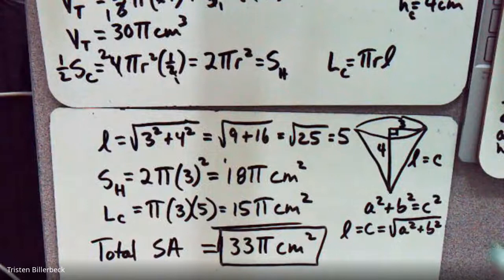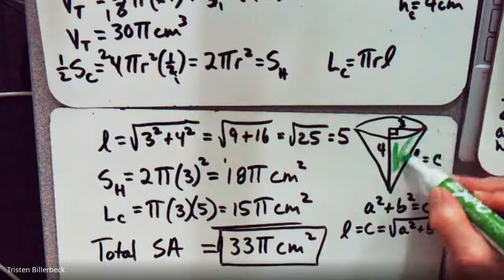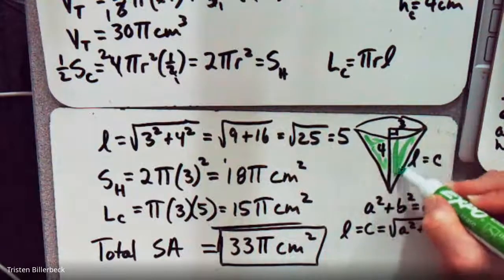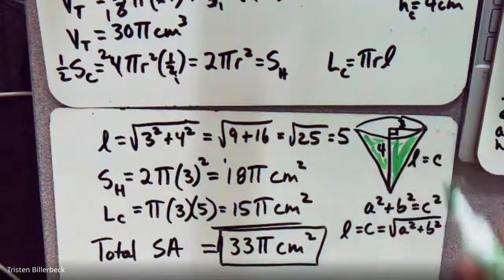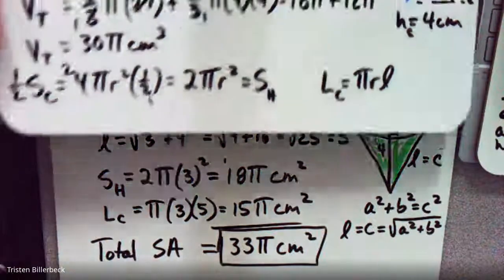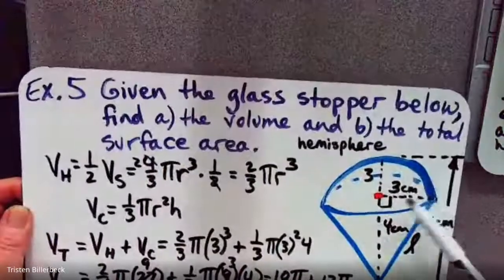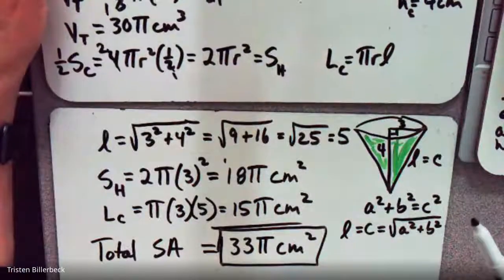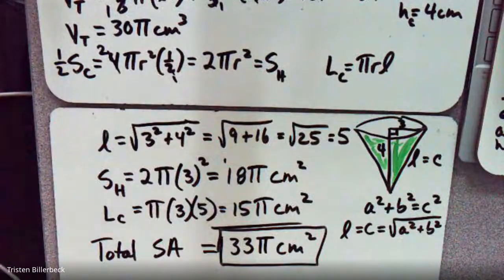We were only concerned with the outside, not the base at all, because the base was hidden by the hemisphere. The hemisphere topped off the base of the cone, so it was never exposed and didn't have surface area. It was just part of the volume.